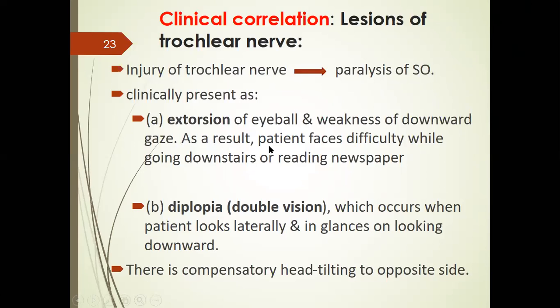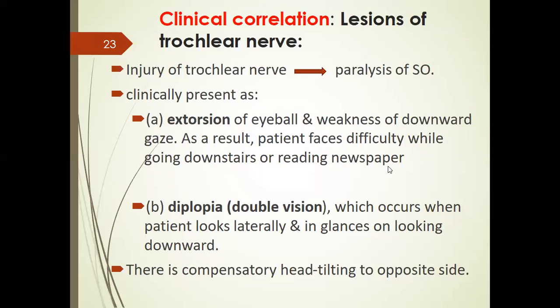As a result, the patient faces difficulty while going downstairs or reading a newspaper. There will be difficulty in looking downwards or reading a newspaper if there is paralysis of the superior oblique muscle because of injury to the trochlear nerve.